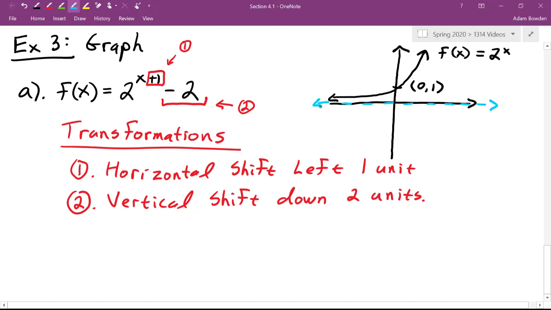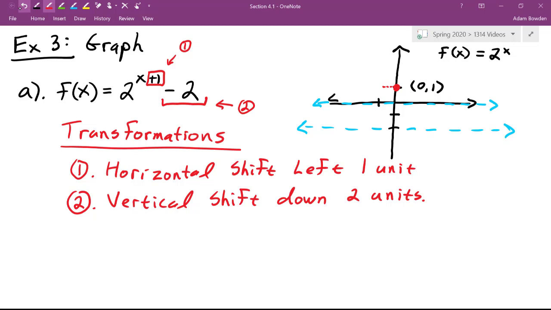So if we want to do the transformations here, we'll just shift everything to the left 1 unit and then move it down 2 units. So how that's going to look is we can move the horizontal asymptote down 2 units. We can take this one point that we have here, move it over to the left 1 unit, and then move it down 2 units.